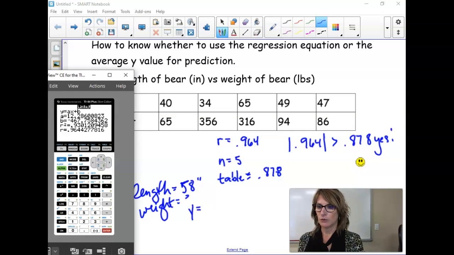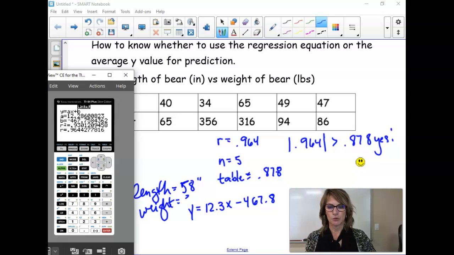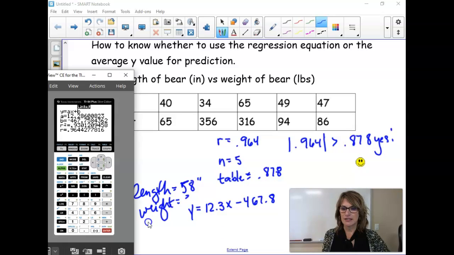Y equals mx plus b. Okay, 12.3x minus 467.8. The height, or the length, is 58 inches.